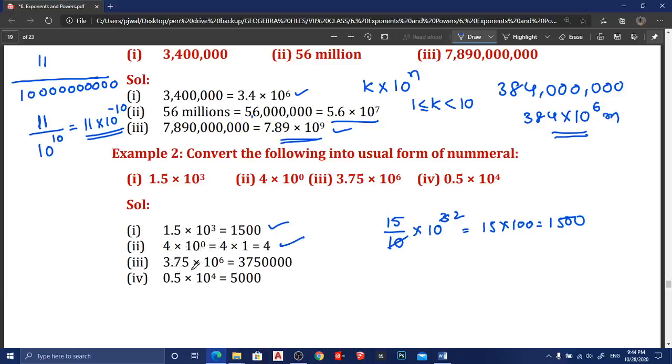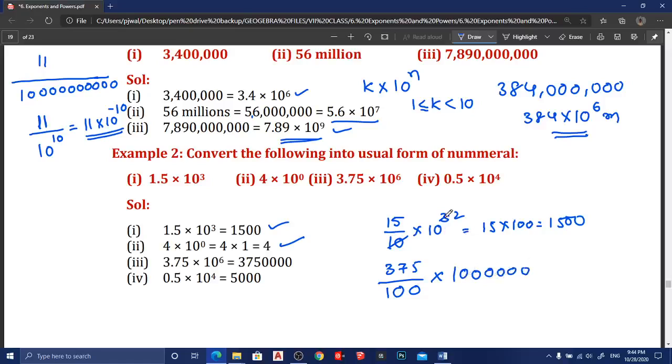Next, 3.75 into 10 to the power of 6. 3.75, how can you write in the form of a fraction? 375 by 1 followed by 2 zeros, because after 2 digits the point is there. So remove the point and write 100 here, into 10 to the power of 6, which means 1 followed by 6 zeros.